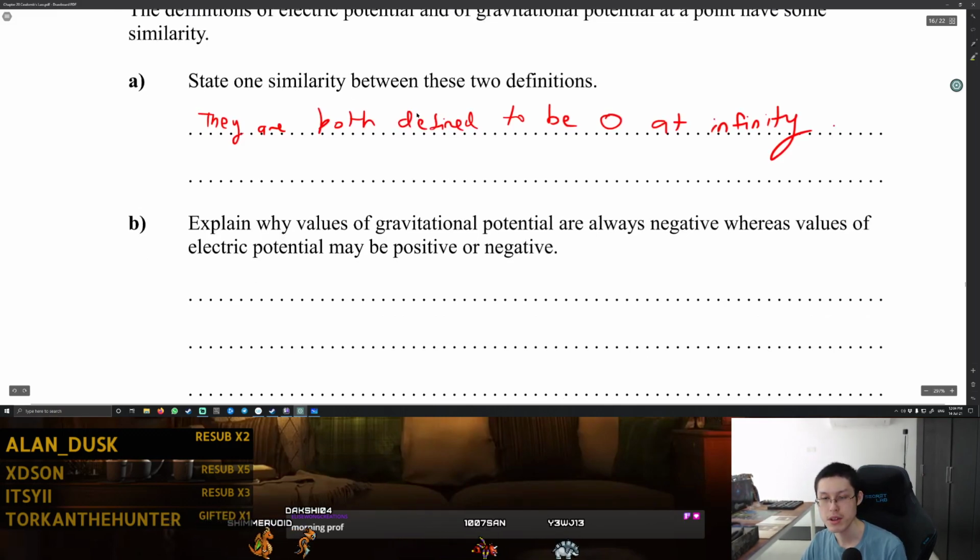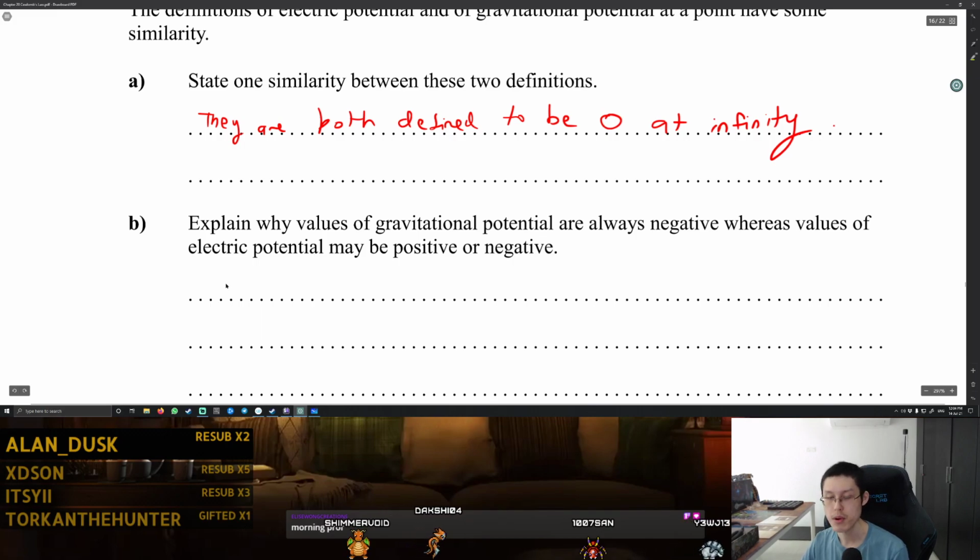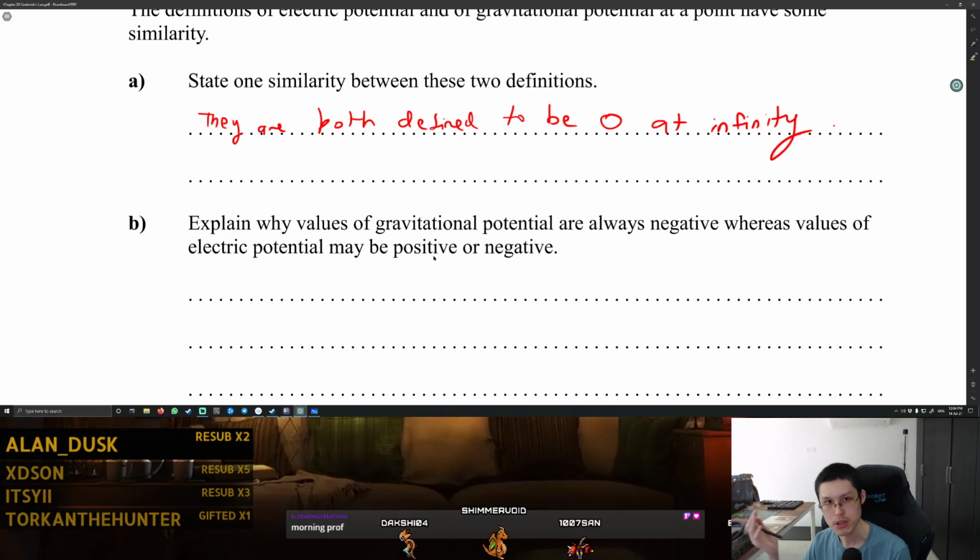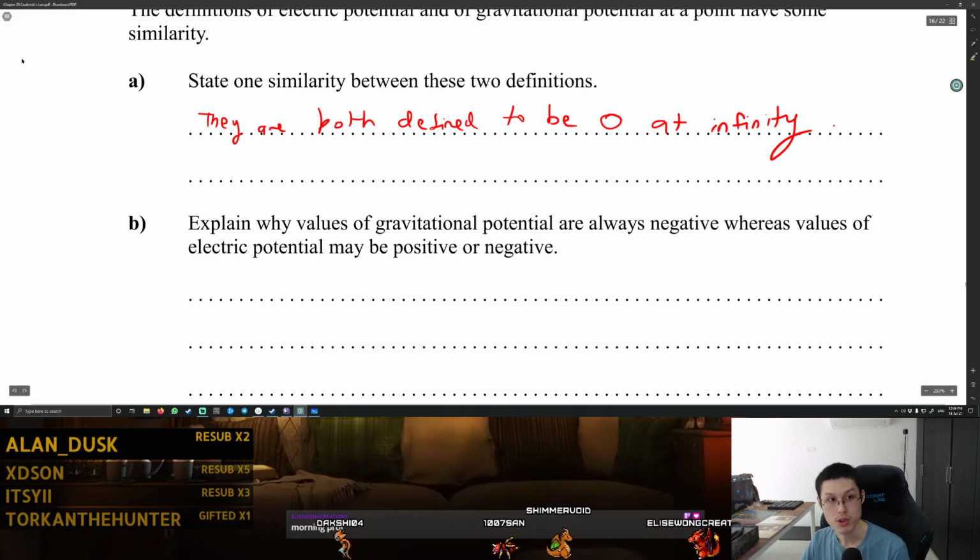Explain why values of gravitational potential are always negative, whereas values of electric potential may be positive or negative. So this has to do with the nature of gravity and charges. Charges can be positive or negative, so they can be attractive or repulsive, but gravitational force is always attractive. So that's what you want to say.